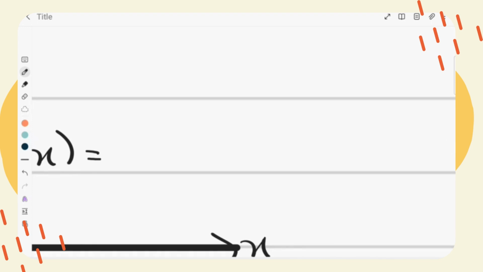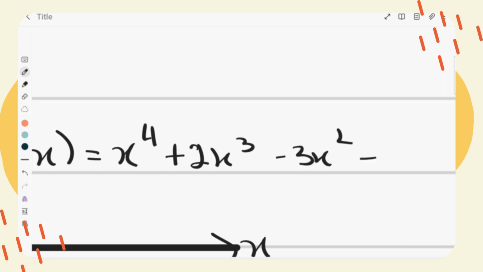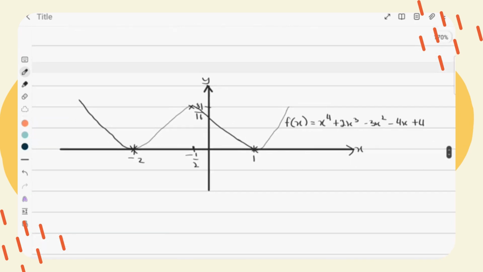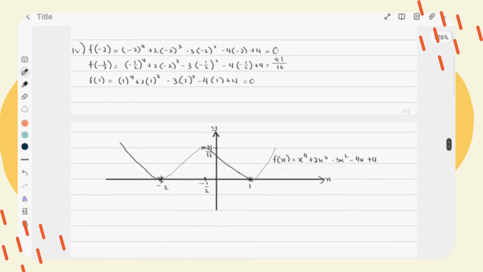Our function is x to the power of 4 plus 2x to the power of 3 minus 3x to the power of 2 minus 4x plus 4. So that's it for me for question 3.